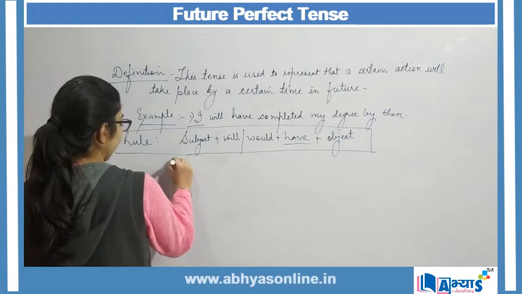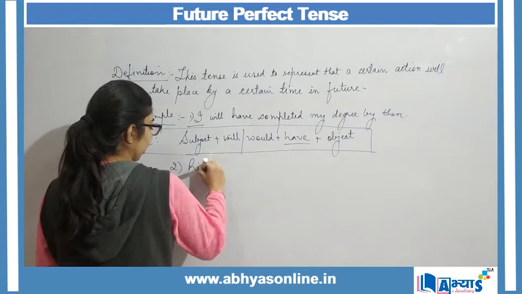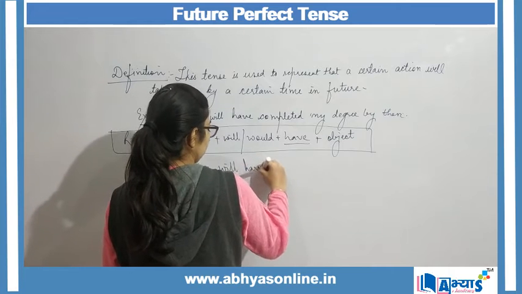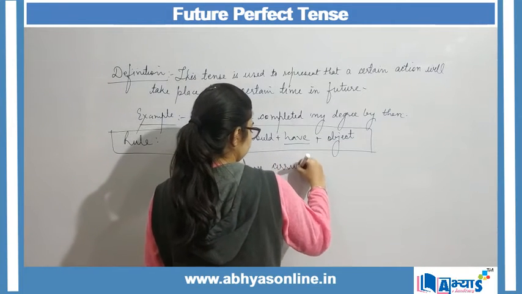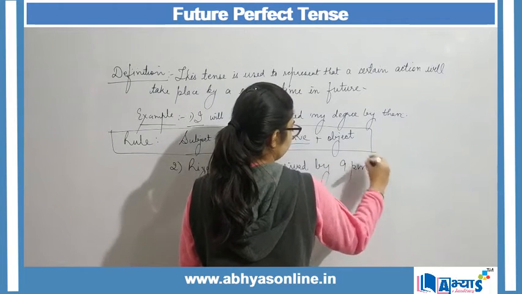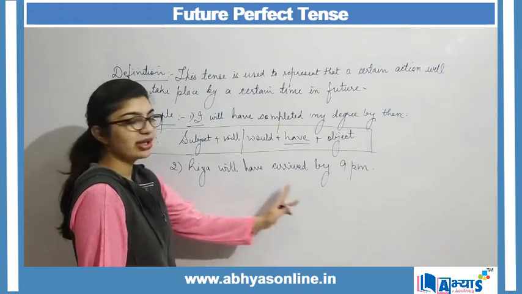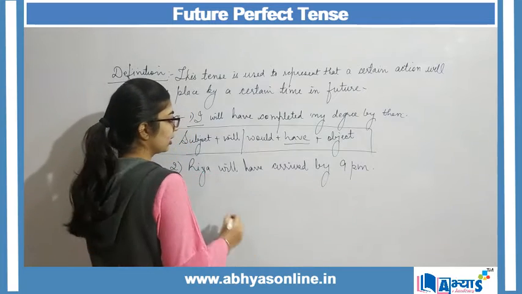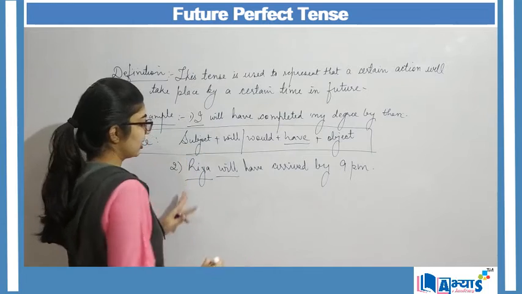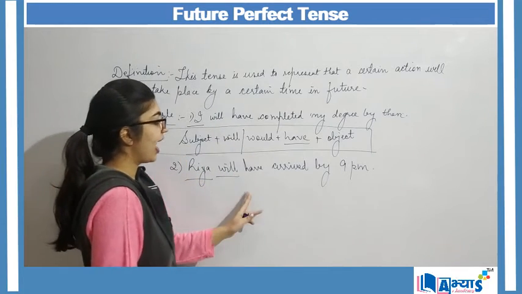Another example can be, Ria will have arrived by 9 p.m. Ria is a subject, will have.